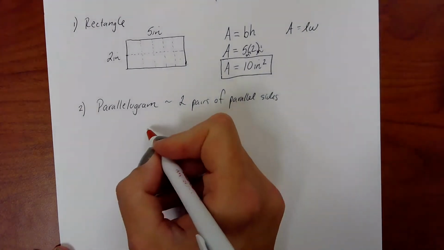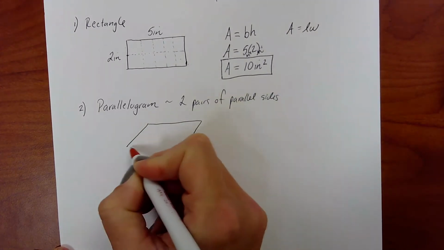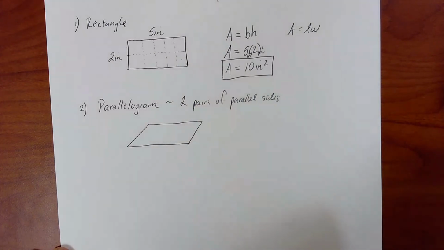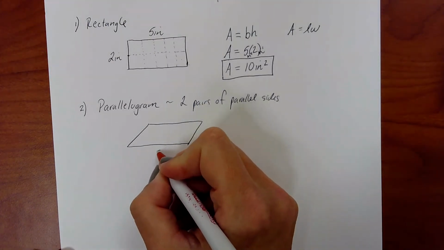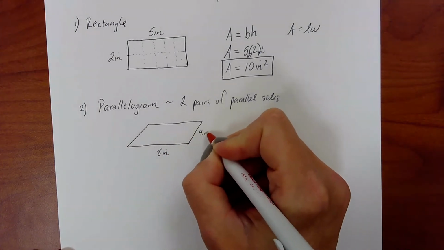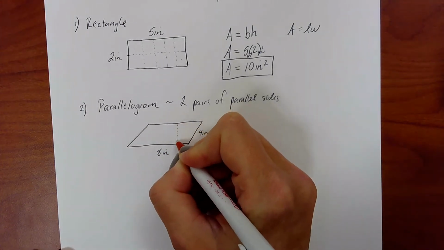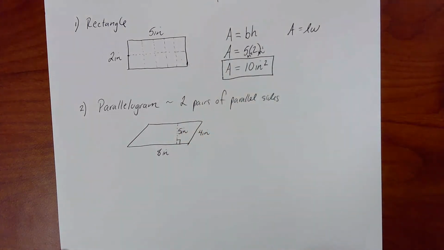Okay, let's draw a parallelogram. I'm going to give us some numbers here. Let's say this is 8 inches, 4 inches, and I'm going to drop this down 5 inches.